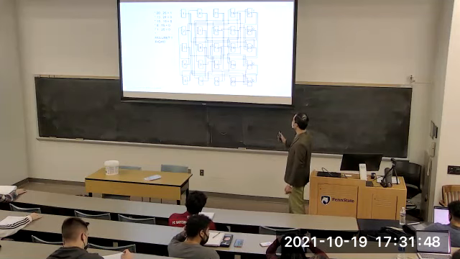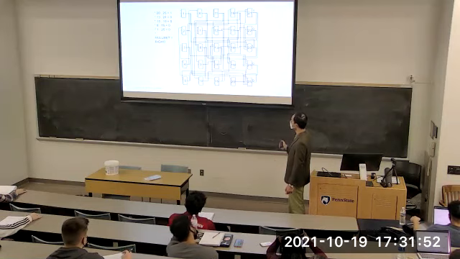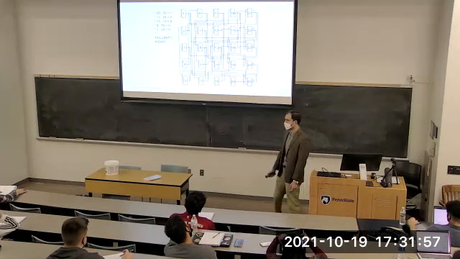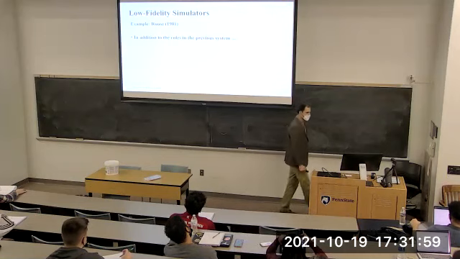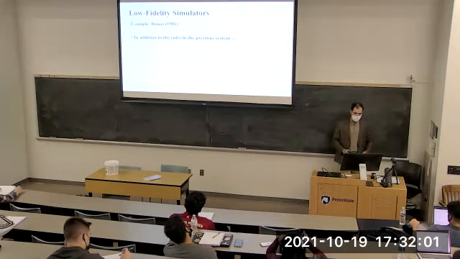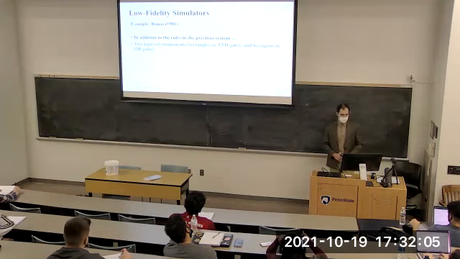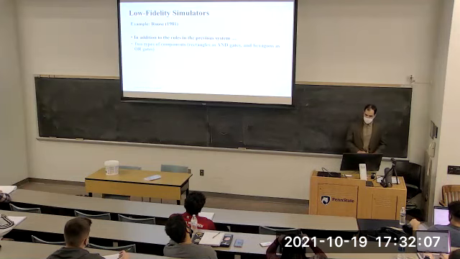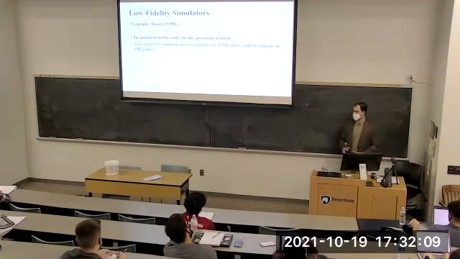But you can see that the output is still like 1, 0, 1, 0, 0. And we also assume that inputs are all 1. So the assumptions for this one, in addition to the rules for the previous model, are that there are two types of components, as I said. The rectangles work like AND gates.